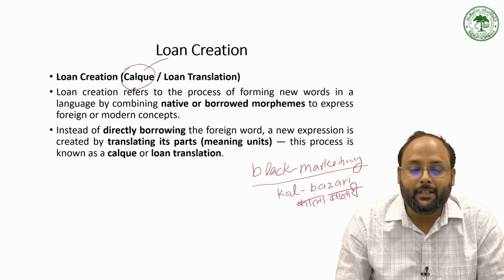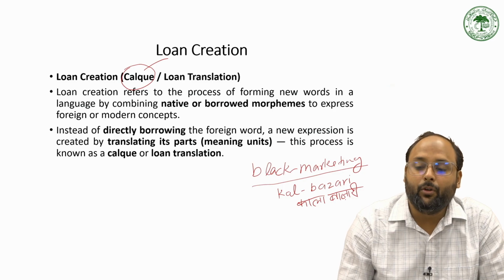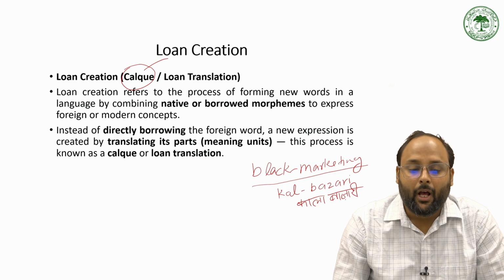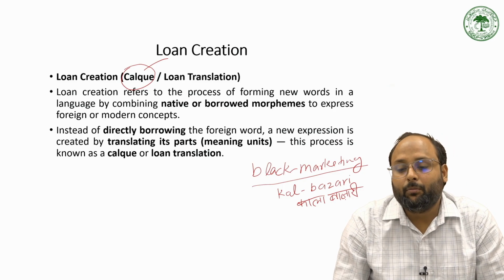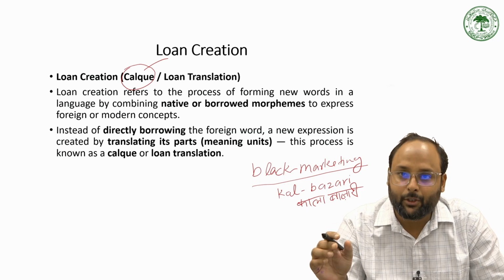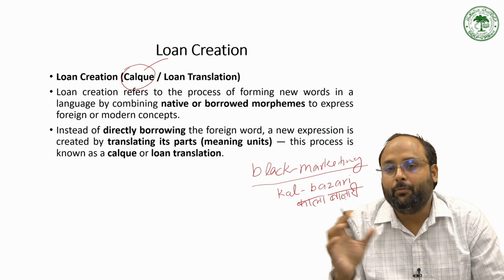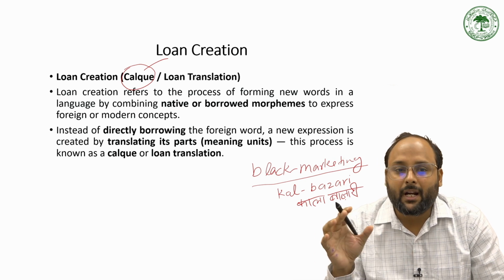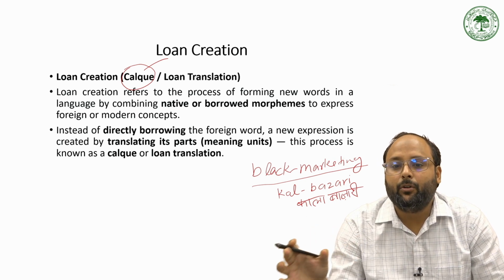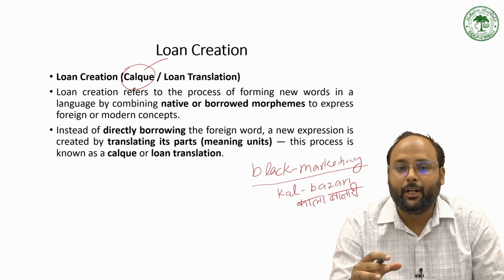Loan creation refers to the process of forming new words in a language by combining native or borrowed morphemes to express a foreign or modern concept. So we borrow the concept or the term from the foreign language and we just translate that foreign word into our language, instead of direct borrowing.